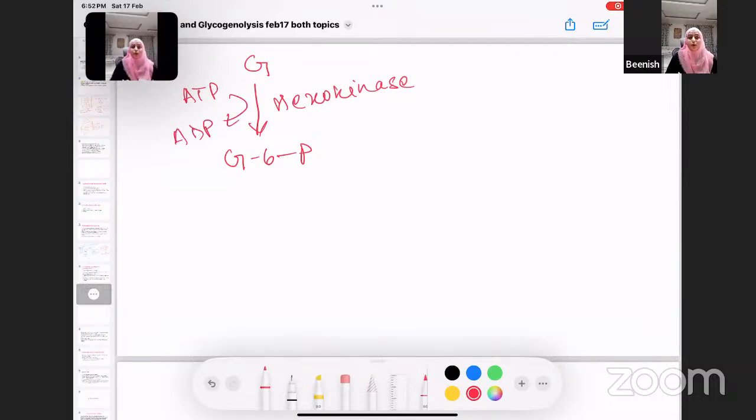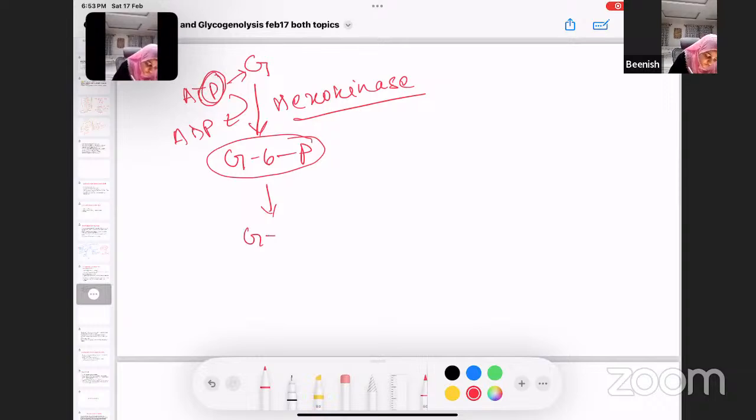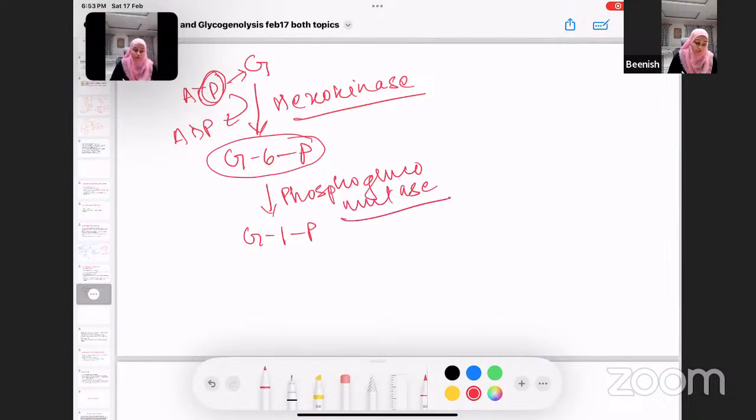We've also spoken about this reaction in glycolysis. Hexokinase transfers a phosphate to glucose to form glucose 6-phosphate. The next step is glucose 6-phosphate changing into glucose 1-phosphate, brought about by phosphoglucomutase. This is an isomerization reaction because the phosphate which was attached to position 6 goes to position 1.